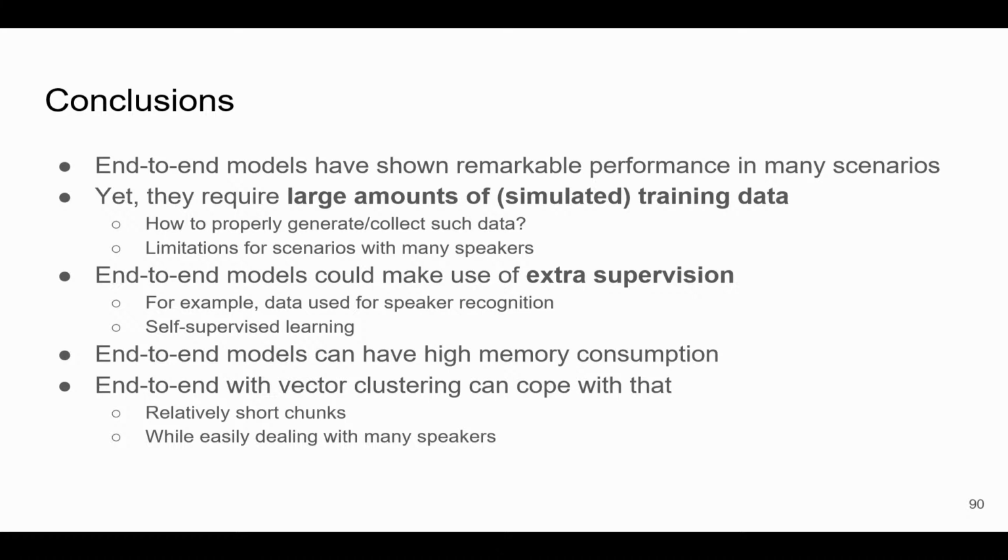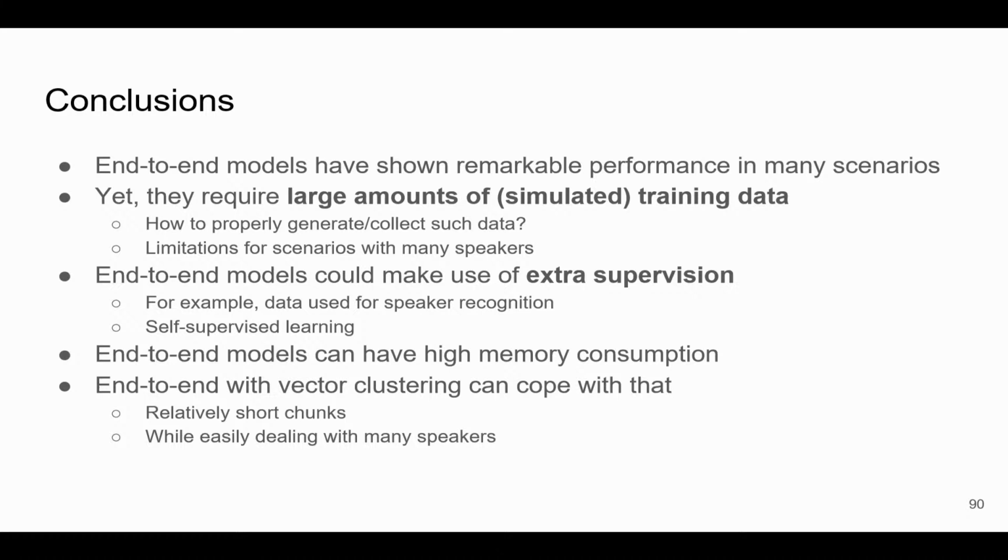That's related to this other point about memory consumption. We know that the attention mechanism can be expensive when you have very long recordings. So if you want a single end-to-end model that handles the whole recording and you have several minutes, that will be expensive. It will take quite a lot of memory. In that direction, end-to-end models with vector clustering tackle that, because even though it might be expensive to run end-to-end, it's over a few seconds, so you can do that.